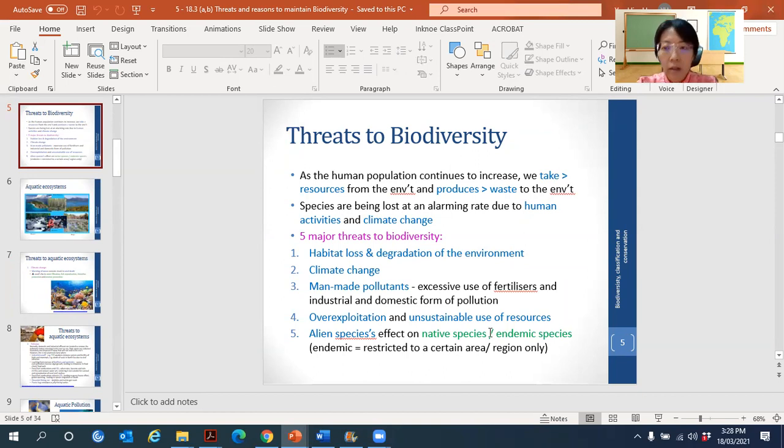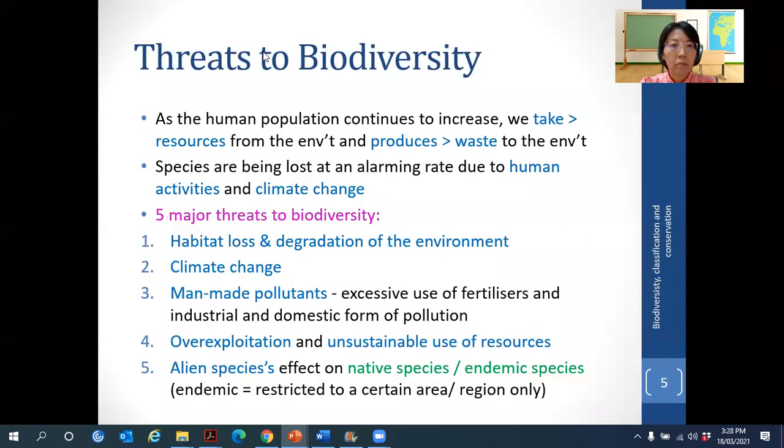So what we have done that causes degradation of habitat. Number 1, habitat loss and degradation of environment. That means habitat is lost because we chop down the trees, or because of deforestation.